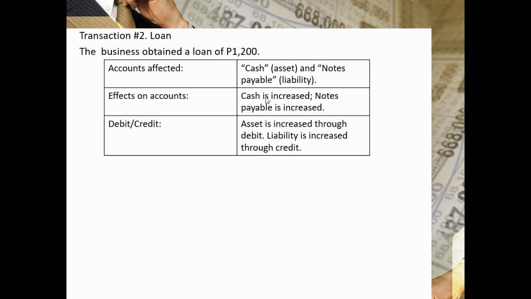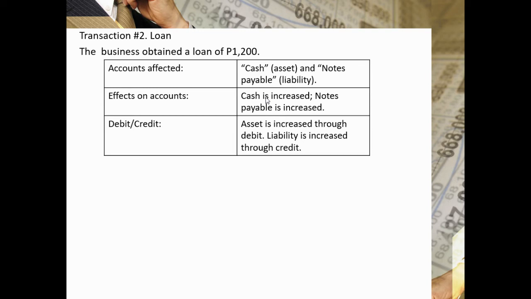Next is transaction 2. The business obtained a loan of 1,200 pesos. Ibig sabihin, nagkaroon ng loan si business, nangutang siya. So what is the effect in the accounts?